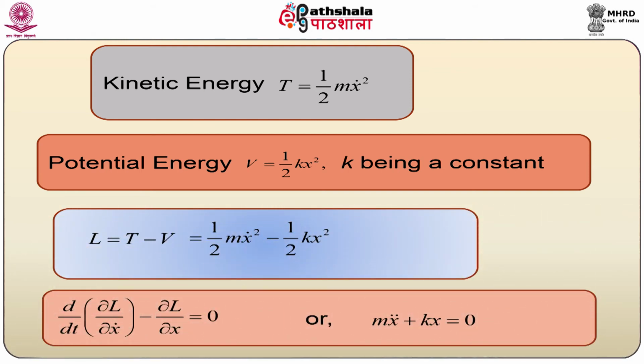Since a simple harmonic oscillator forms a dynamical system in which the Lagrangian can be written as the difference between the kinetic energy and potential energy, we have capital L equal to T minus capital V. Substituting the expressions for kinetic energy and potential energy, we get the right hand side portion.